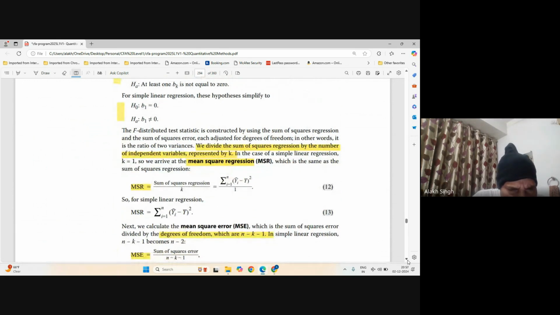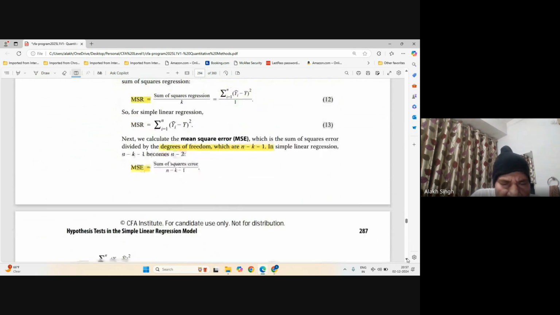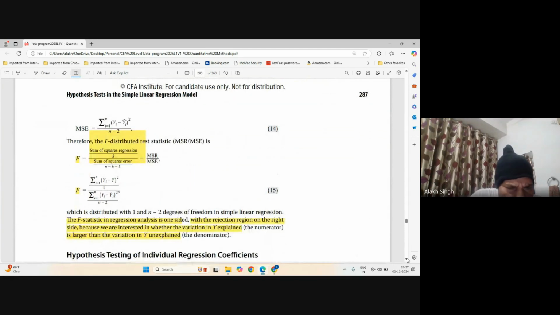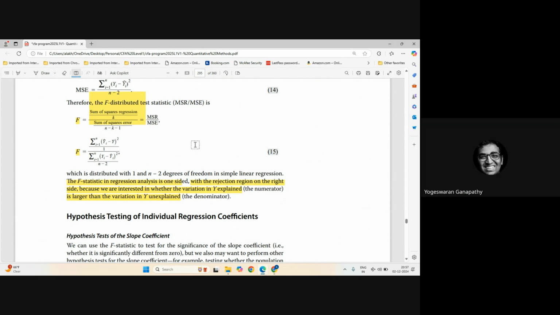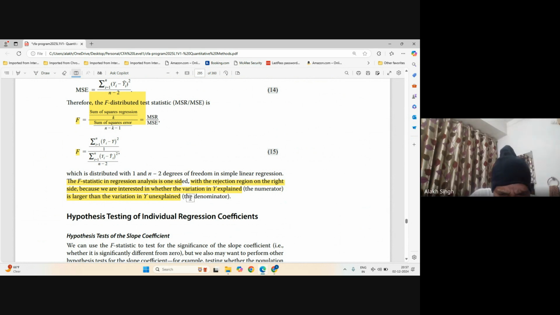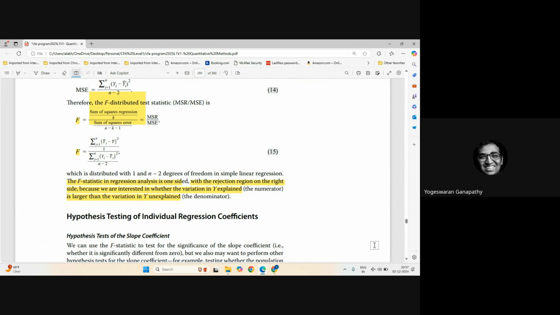So what is our F test? Here MSR, yi hat minus y bar whole square, divided by MSE. We calculated F, so what is the F value here? I think it is calculated below, written below, after the hypothesis.